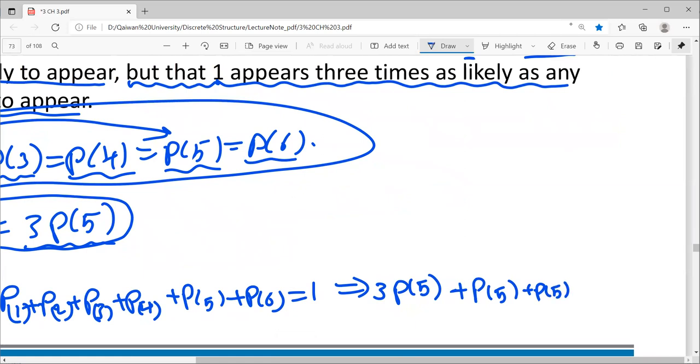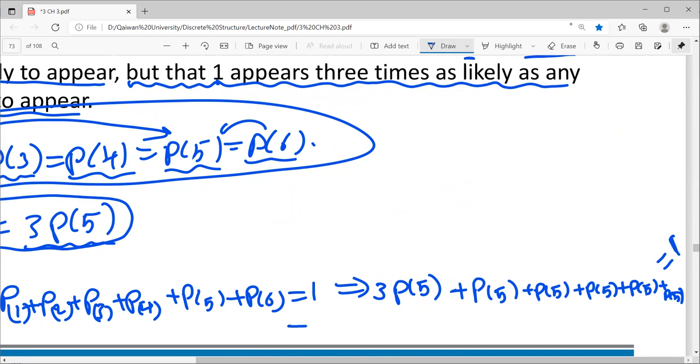Probability 4 is the same as probability 5. Probability 5 is itself. And probability 6 is also equal to probability 5. These all equal 1.